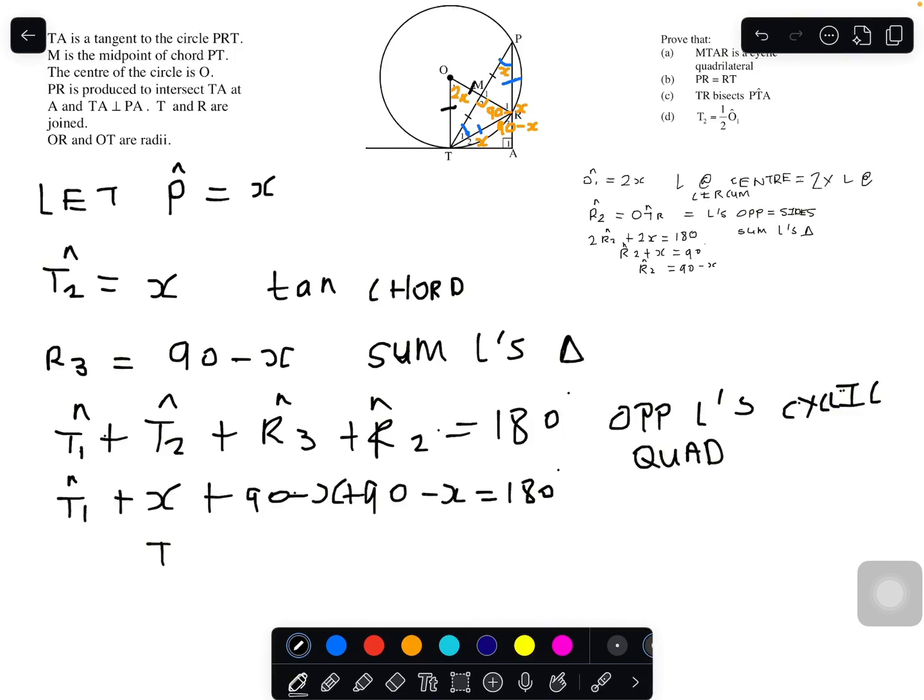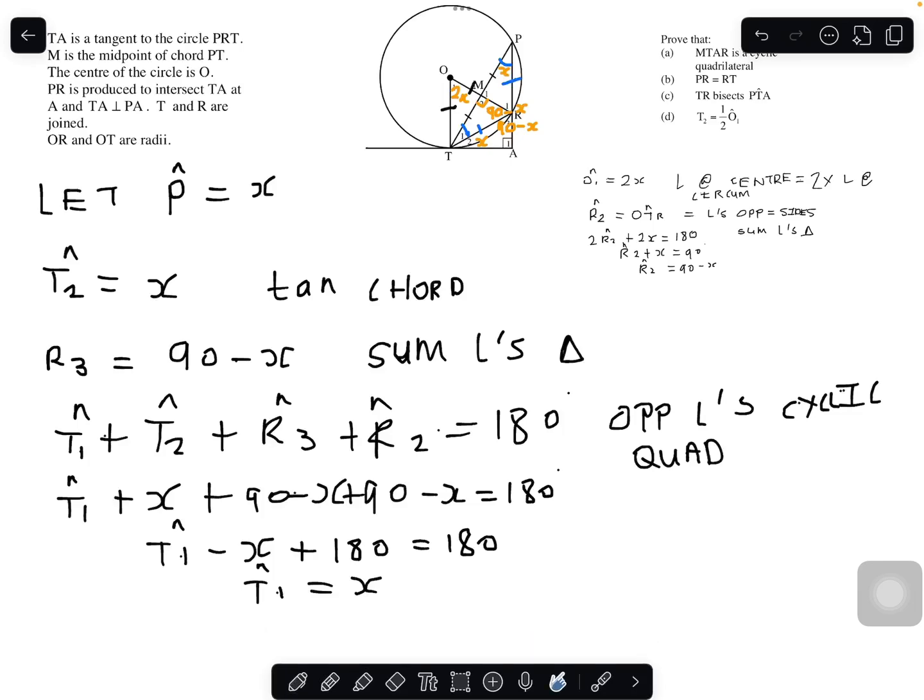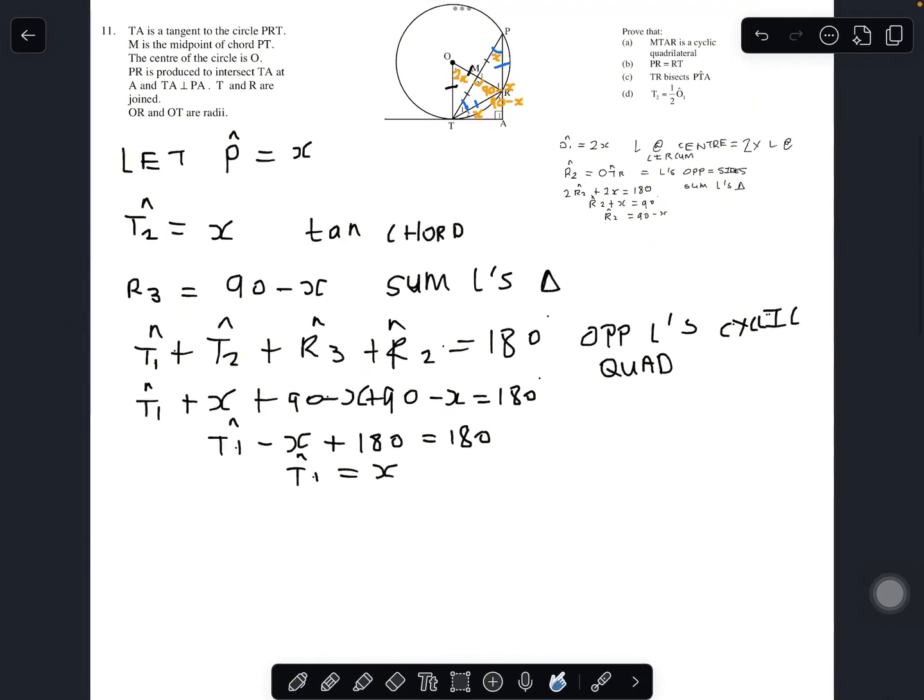I'm going to have T1 plus 180 minus x equals 180. If we then bring the terms onto the other side, you'll now see that T1 equals x.